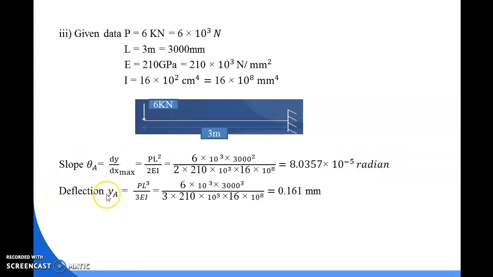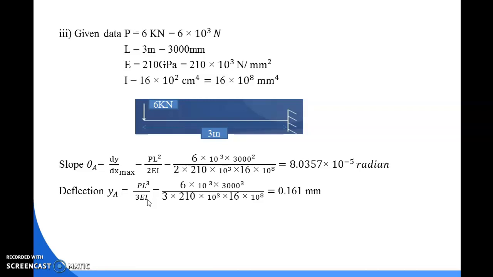So now the maximum deflection for this kind of beam is equal to PL cube by 3EI. So now we have the P value as 6 into 10 to the power 3 Newton, the L value is 3000 mm, the E value is 210 into 10 to the power 3 Newton per mm square, and the I value will be 16 into 10 to the power 8 mm fourth.